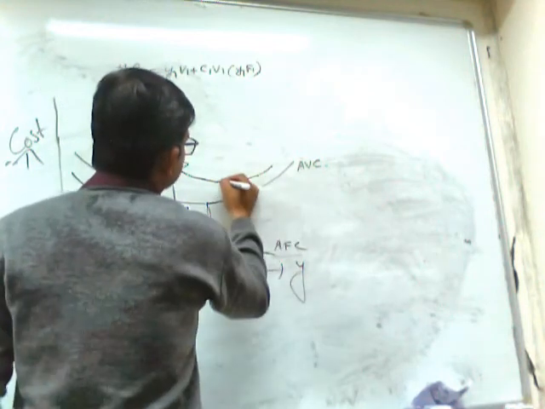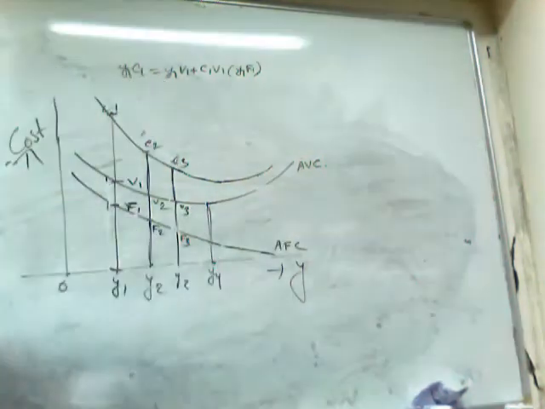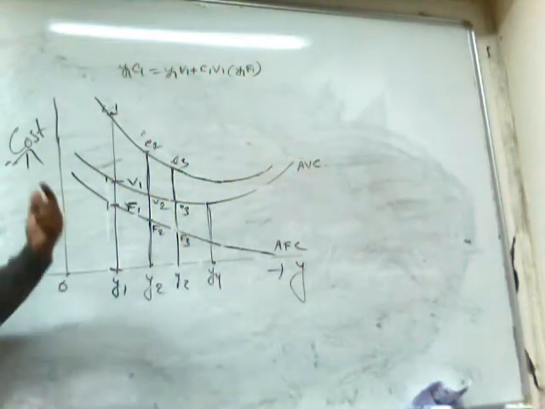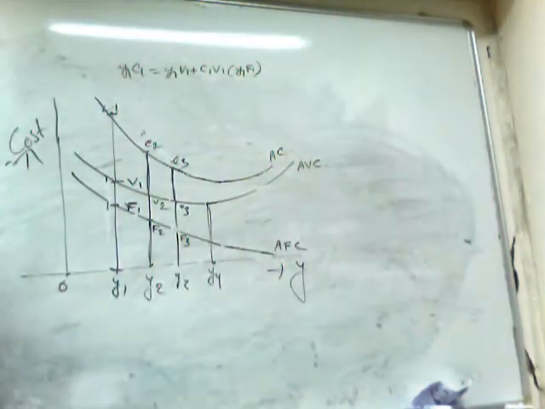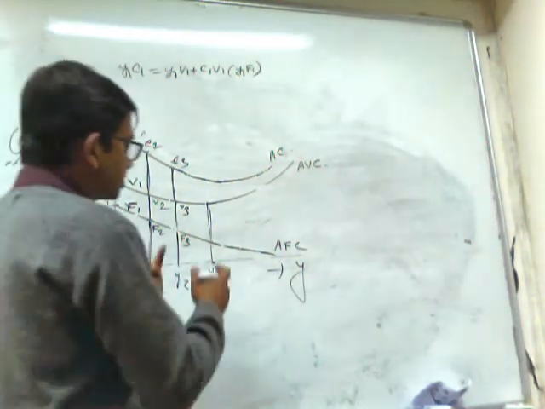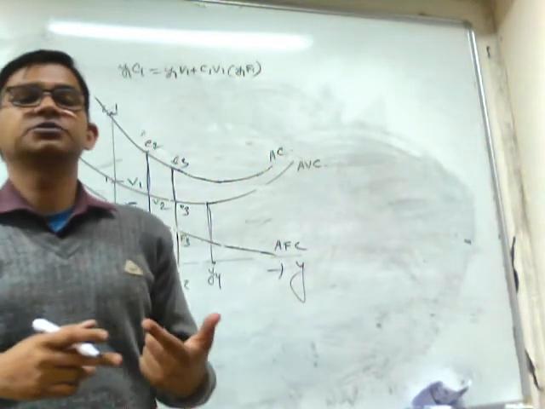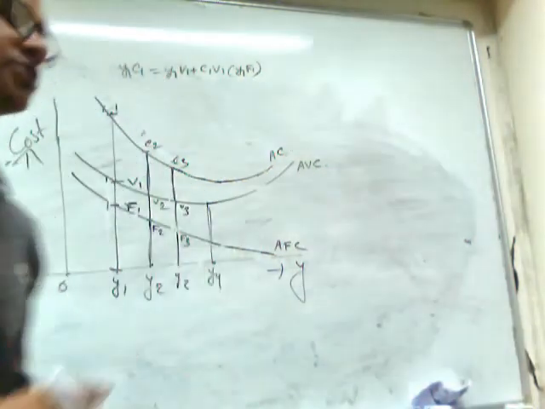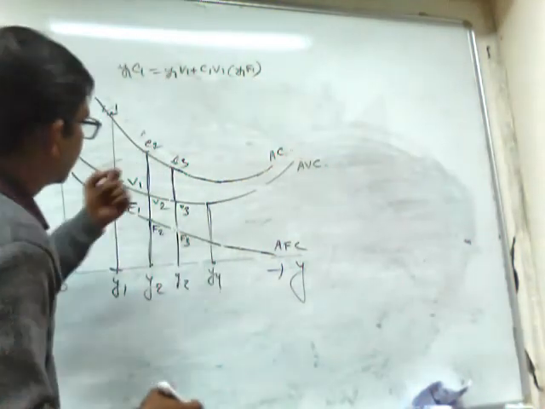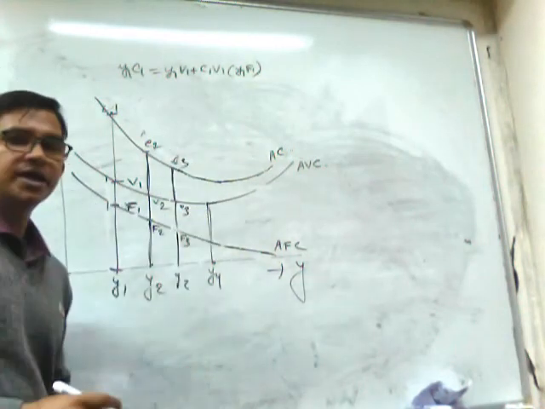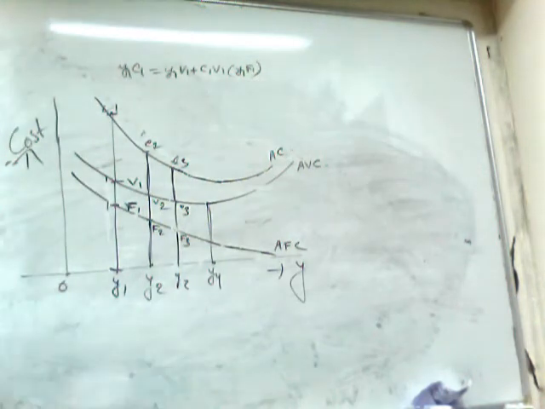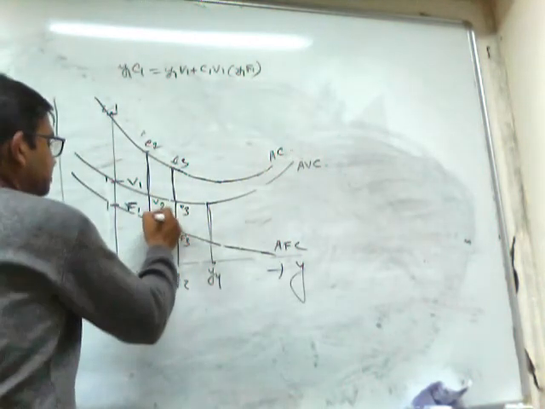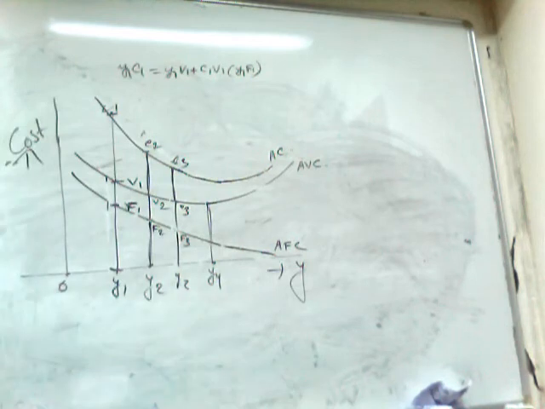So one thing is clear, the vertical distance between AVC and AC will decline as the level of output increases. Because as the level of output increases, average fixed cost is declining, and we know that the difference between average variable cost and average cost is the average fixed cost. So at any level of output, the vertical distance between the AC and AVC curves will be exactly equal to the vertical distance between the AFC curve and the horizontal axis at that point.